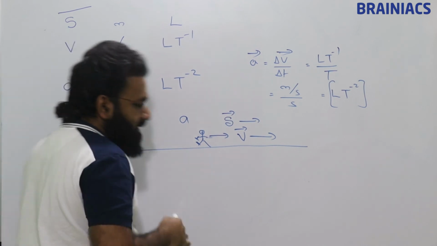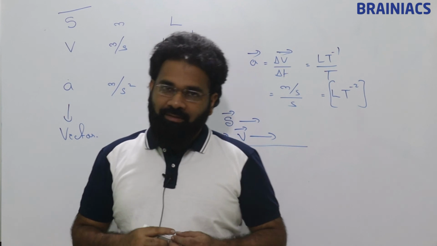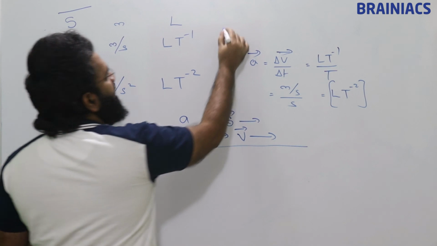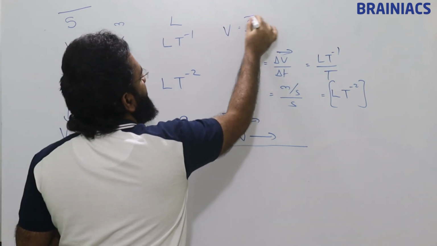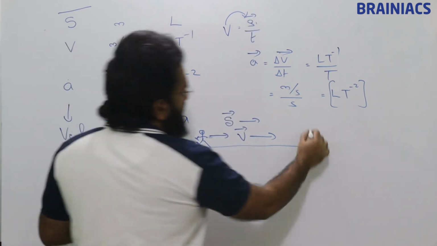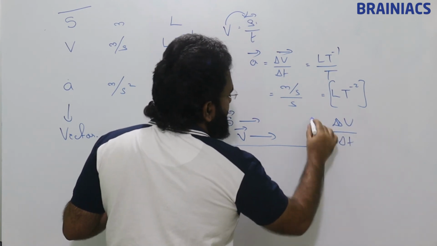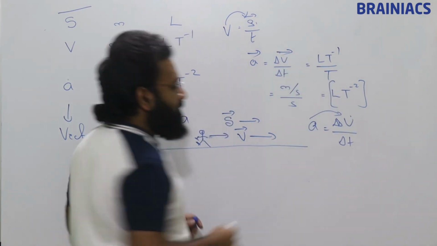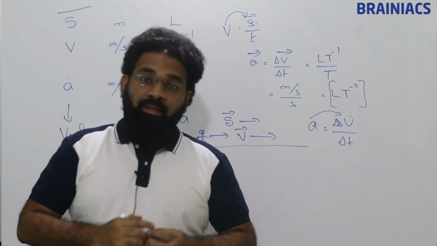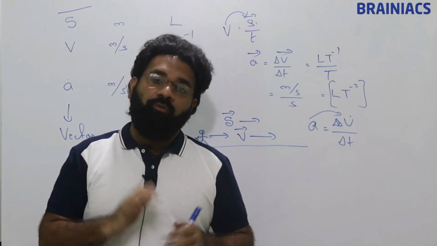If acceleration is there, change in velocity, what will be the direction of acceleration? See, velocity is equal to S by T. So this velocity will follow the direction of displacement, and acceleration is equal to delta V by delta T. So will this acceleration follow the direction of velocity? No, never. The reason for acceleration is force.